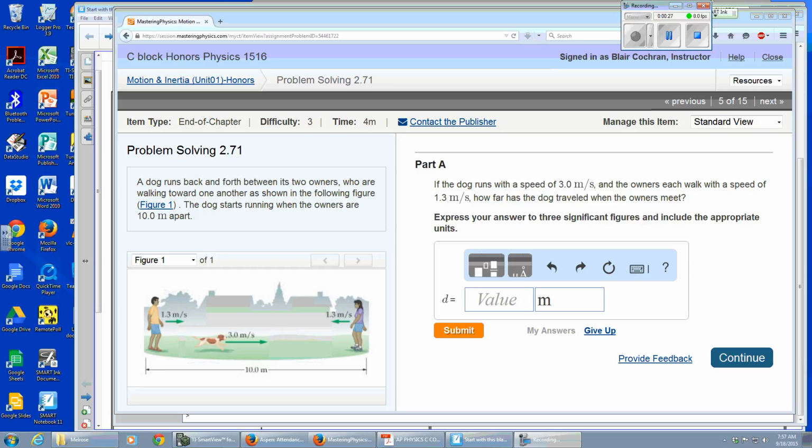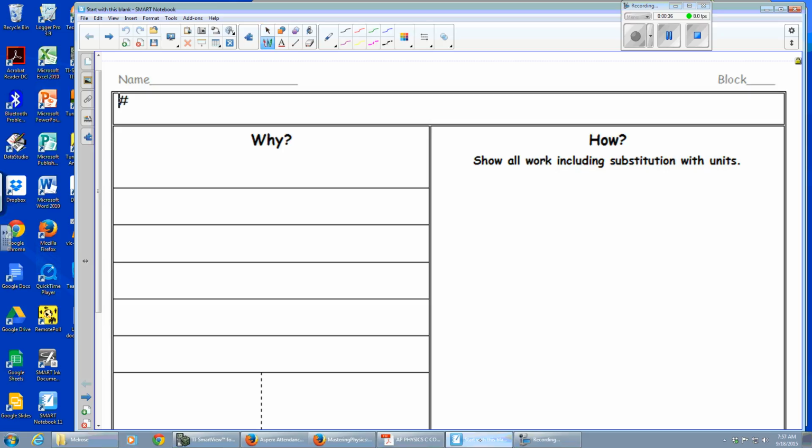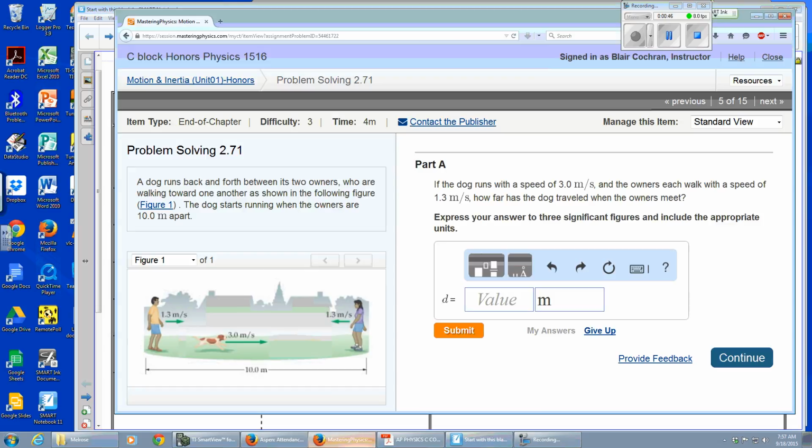All right, so when I think about the y here, I think about what it means to meet, and I'm looking at this, and they're moving at the same speed, but opposite velocity.